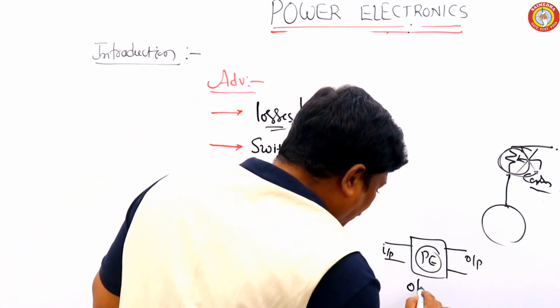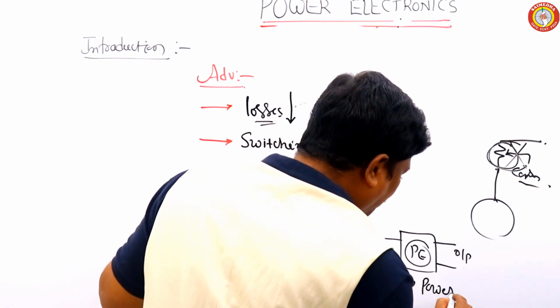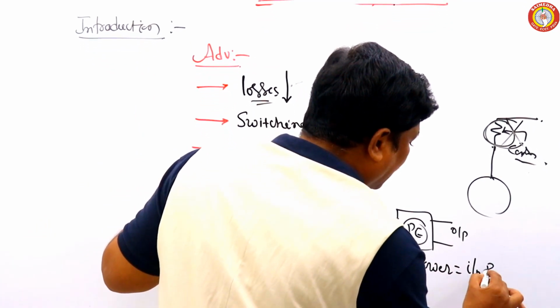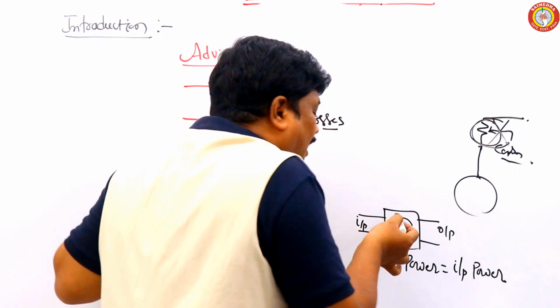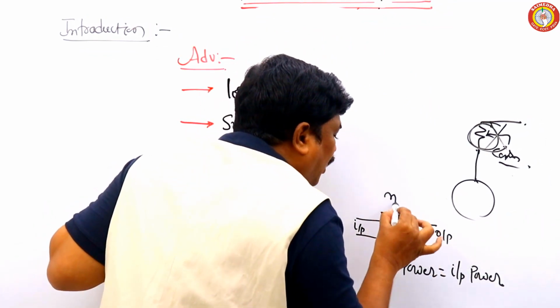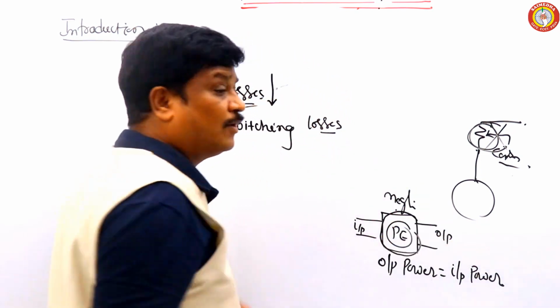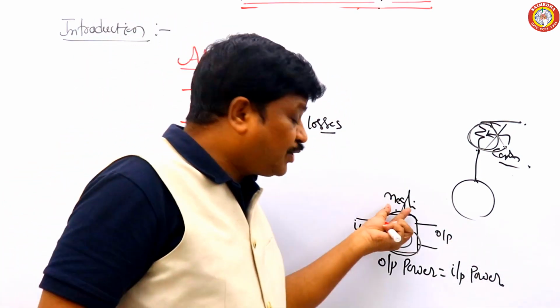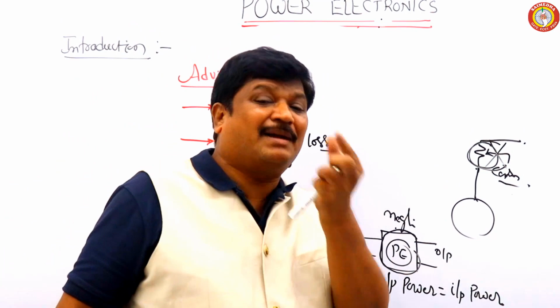The output power is equal to the input power. We can take it. It means what? The losses in this power electronic circuit are negligible. Negligible. You cannot take it like this for our conventional methods.